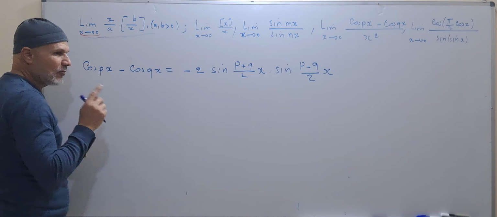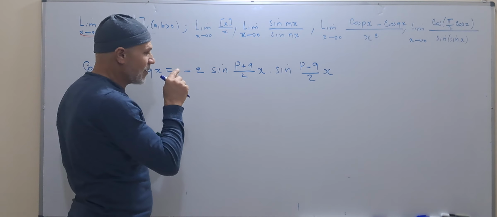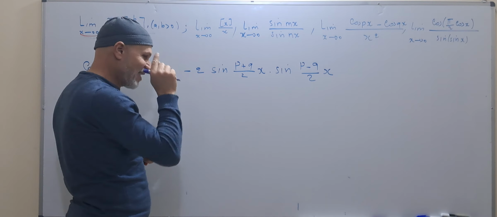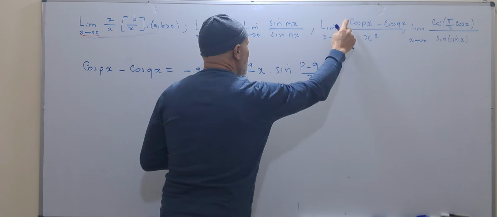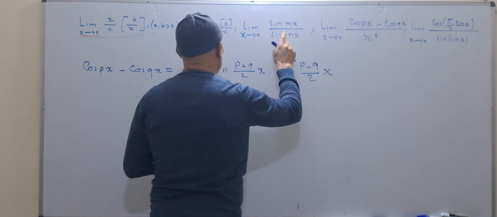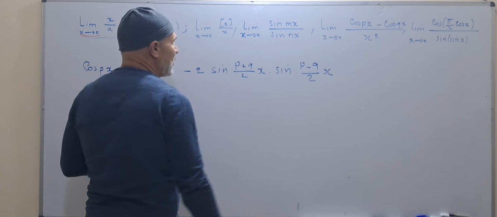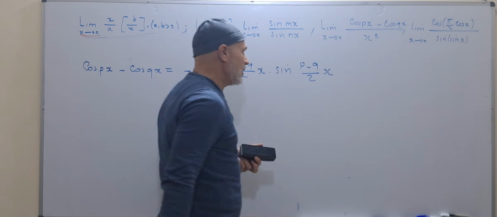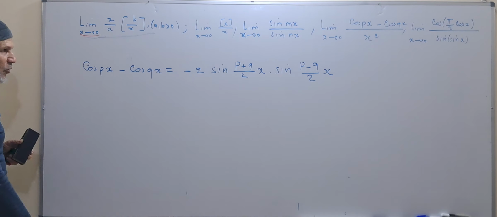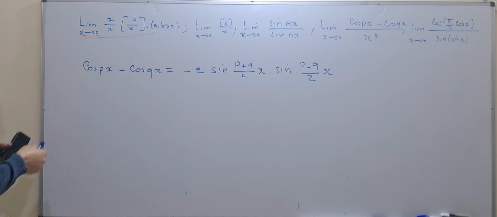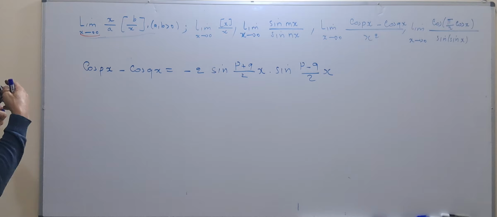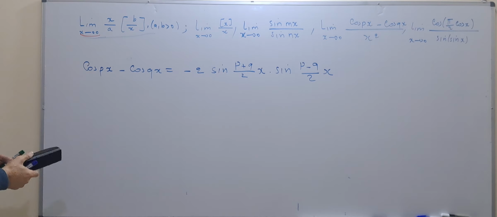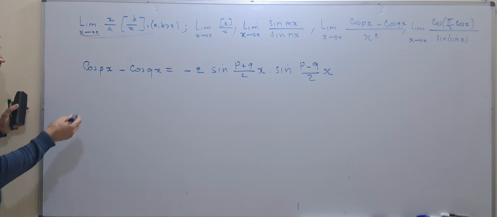Once again, one thinks we can use L'Hopital to solve this one, and to find the limit of this one too. But there is more mathematics than if we directly use the L'Hopital technique.